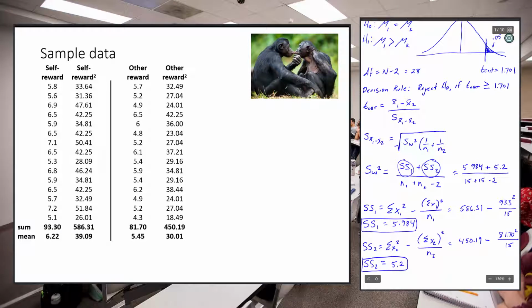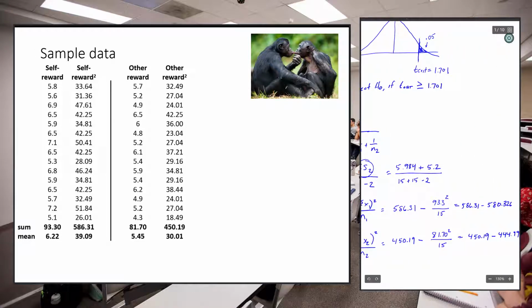And again, that's the degrees of freedom. So this is going to give us 11.184 divided by 28. And that is equal to 0.3994.